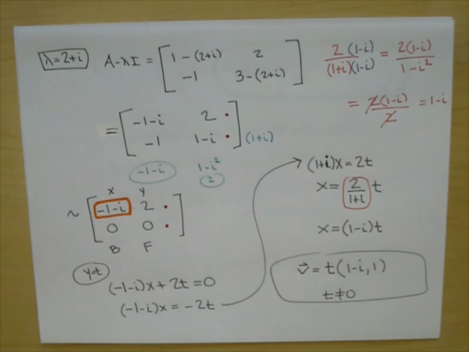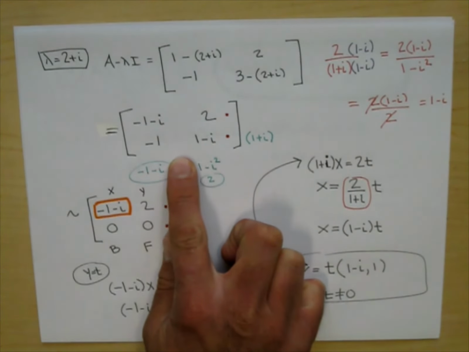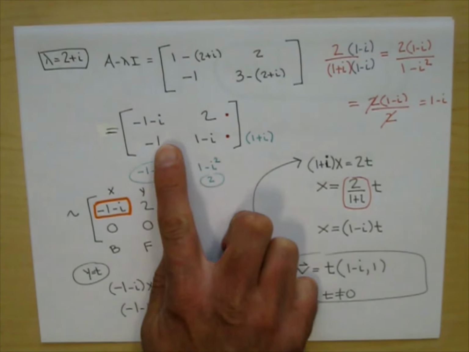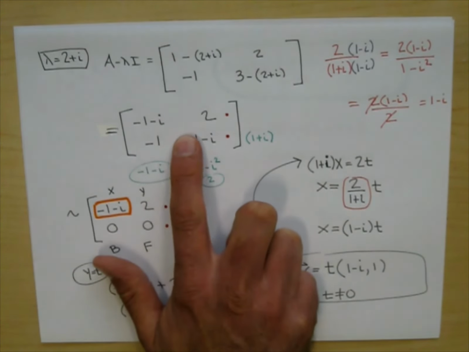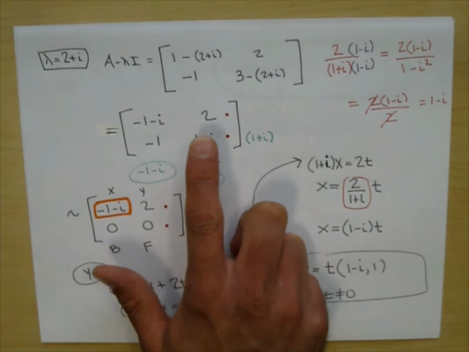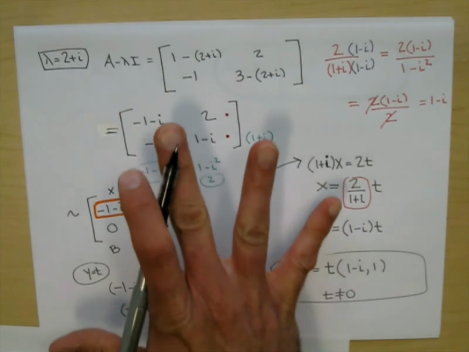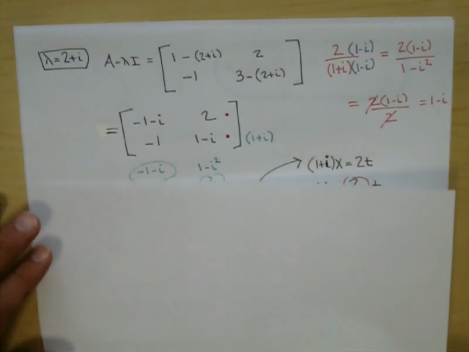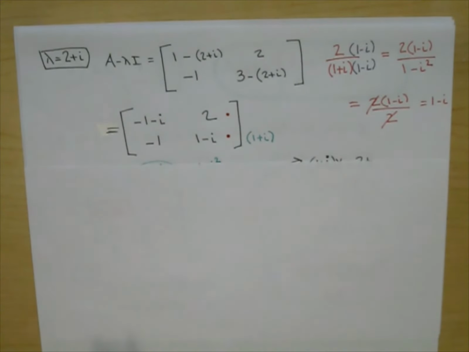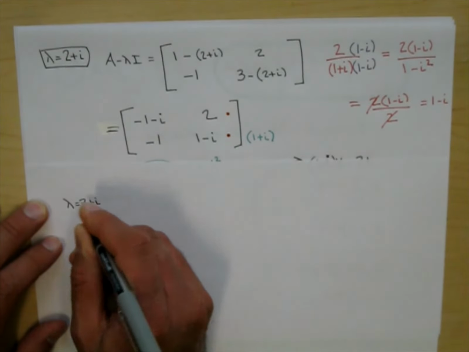Remember I had this matrix right here and I'm trying to find the null space of it. And I picked the top row. What I should have done is pick the bottom row. So I'm actually going to do this again and get hopefully the same results. On this, lambda equals 2 plus i.